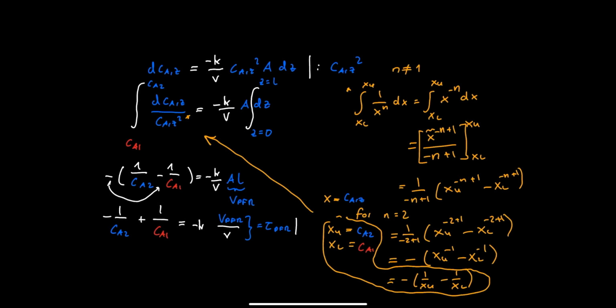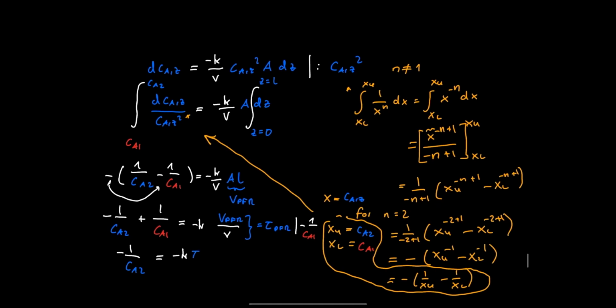So in the next step, we will subtract 1 divided by CA1 from our equation, resulting in negative 1 divided by CA2 being equal to negative K times the mean residence time PFR minus 1 divided by CA1.